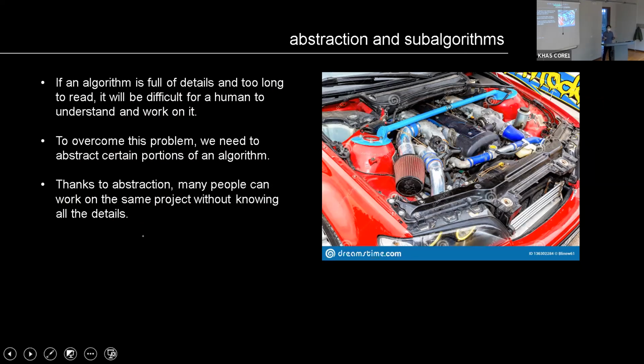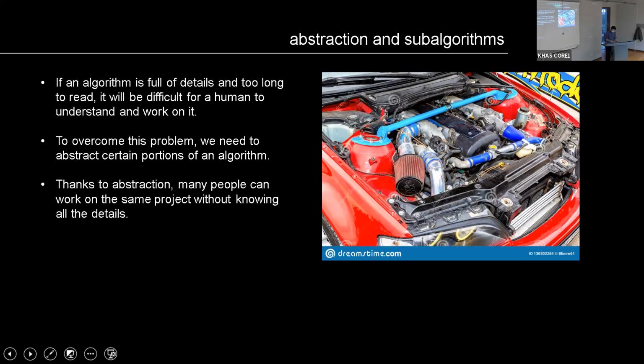You need a function like start the engine, either by turning the key or pressing a button. You just need to know you need to start the engine. You do not need to know all the details of what's going on under the hood when you start the engine, if your purpose is just driving the car. So the type of details depends on what kind of purpose you have regarding that particular action.